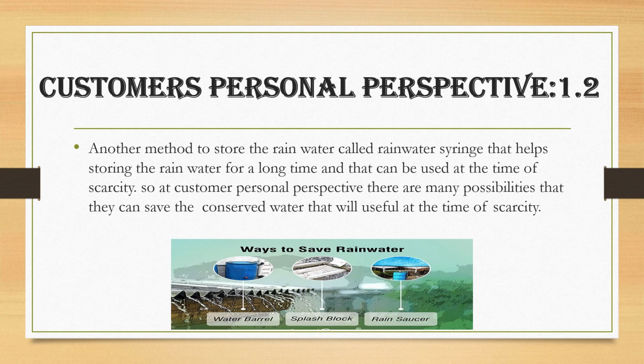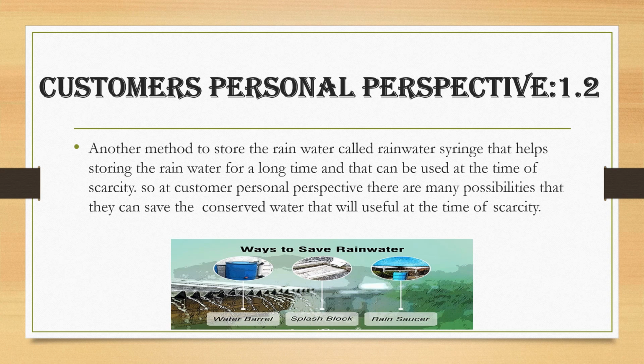So here the customer's personal perspective is that they need to be very cautious before these instances which are going to happen in the future, like in the summer months, where the water gets evaporated. So it might help them a lot.